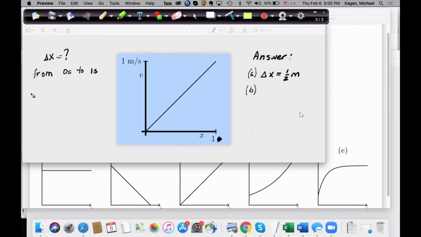Let's say the particle starts at t equals 0 and x equals 0. So when the clock starts, position is at 0. And then you wait for 1 second, and want to find the distance the particle travels.